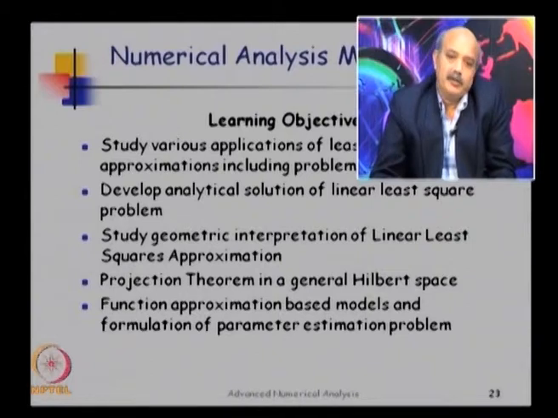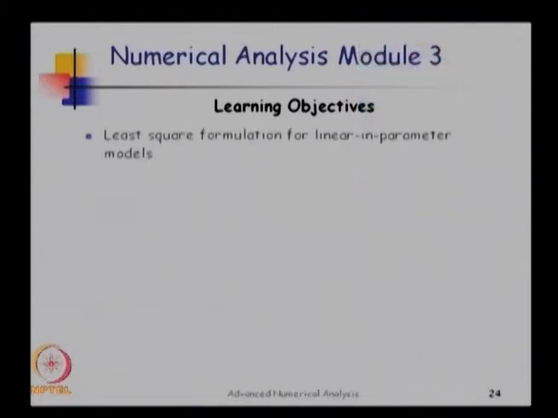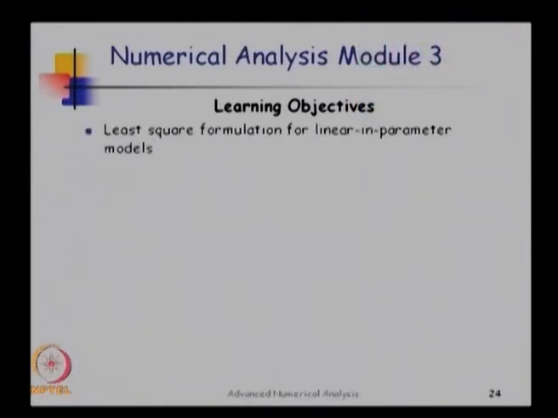We will also have a brief peek at function approximation based models and the formulation of the parameter estimation problem. Before we move on to the remaining part, that is understanding the tools, we will also look at least squares problems for linear in parameter models, and least squares formulation for nonlinear in parameter models.